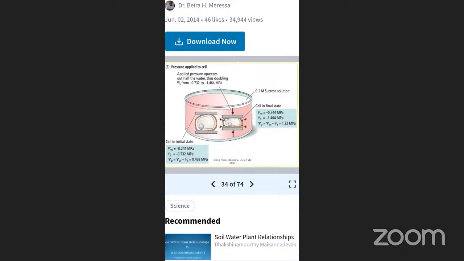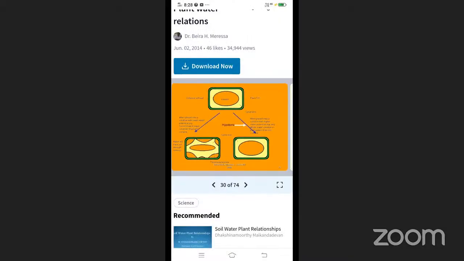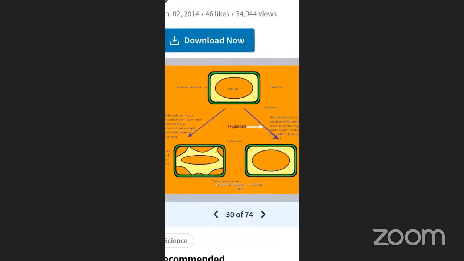So another one is the plasmolysis. What is the plasmolysis here? It is the behavior of the plant cells with regard to the water movement depending on the surrounding solutions.